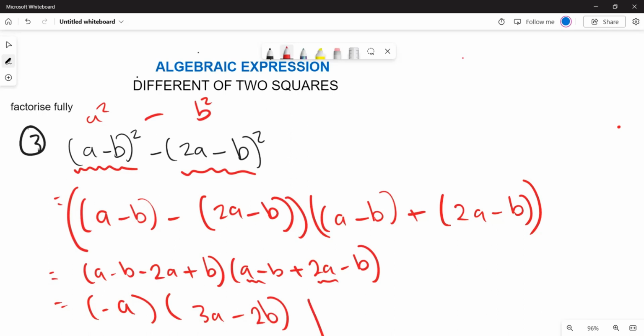This is the same as, let's say, negative a into 3a subtract 2b altogether. Now this is the solution. So make sure that you check out all the questions that are like this. So that is as far as difference of two squares is concerned.